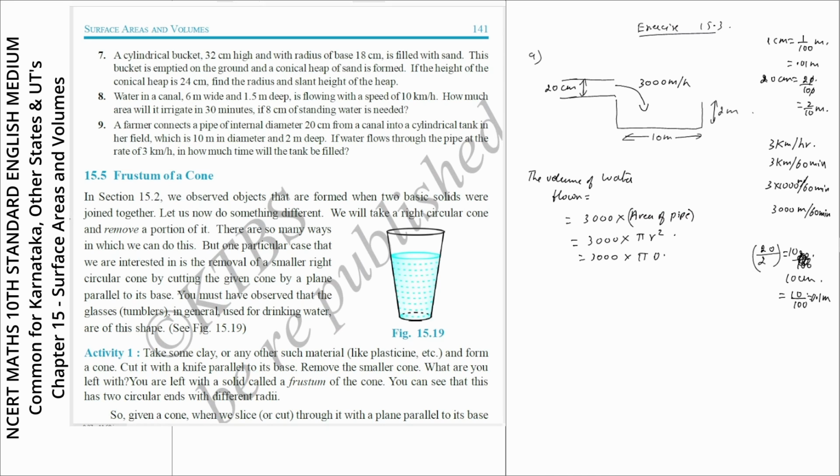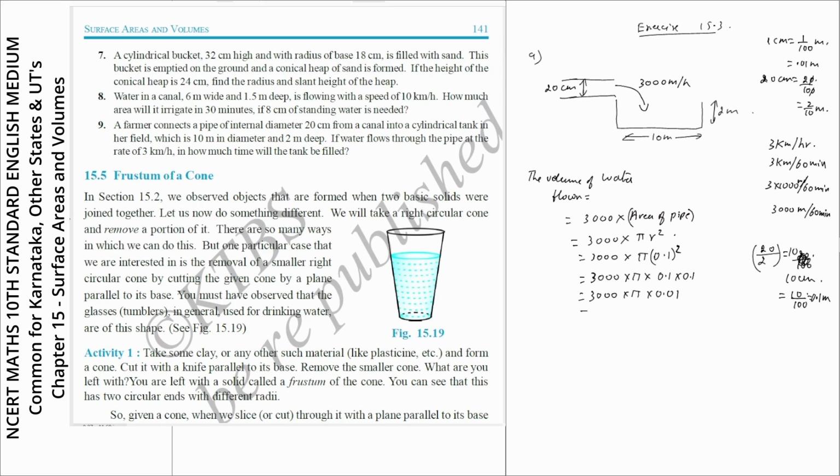So pi into 0.1 the whole square. This is equal to 3000 into pi into 0.1 into 0.1. 0.1 into 0.1 is 0.01.